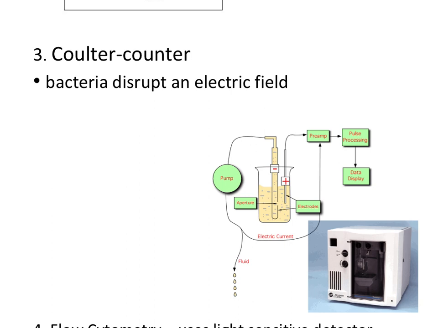So basically you have your sample of bacteria here, and you pump it through, and it passes through electrodes, and when a cell passes through, that will show as a pulse. You have to get your flow rate just right so it's able to count those cells accurately. But it is probably a little bit more accurate way to count cells.